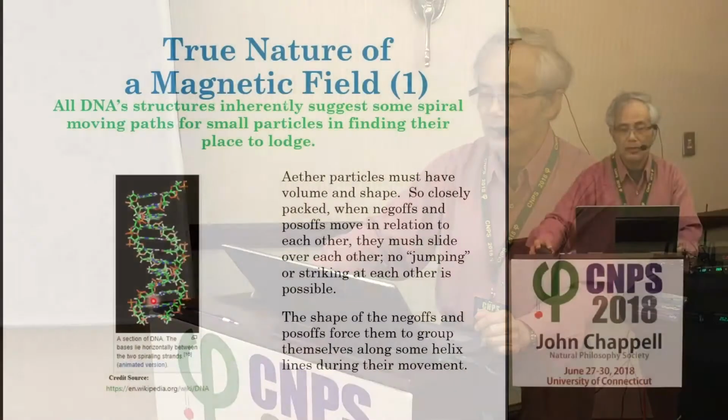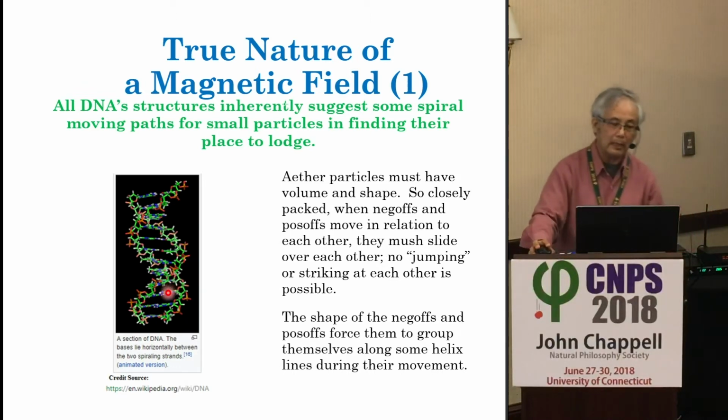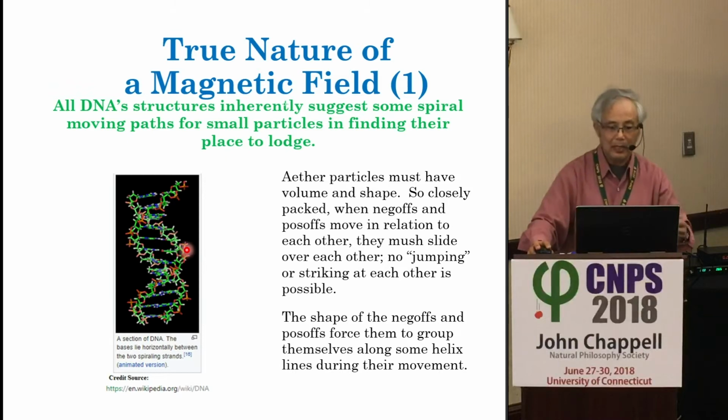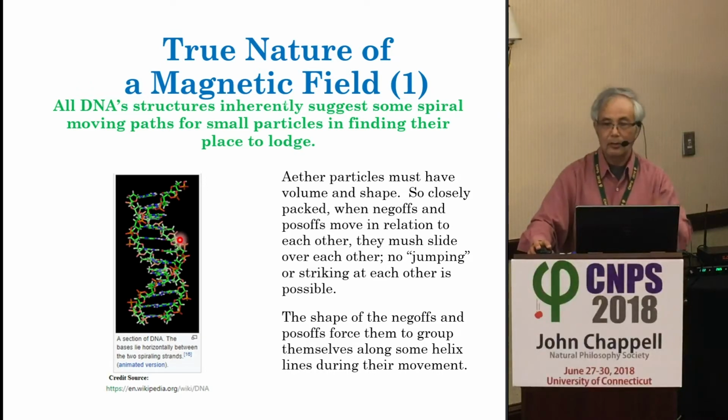All DNA structure has a helical structure. There must be a reason to it. The reason in my imagination is that when some particle such as atom or molecule or radical moves, they must choose an easy way to move, right? The lower energy to move.